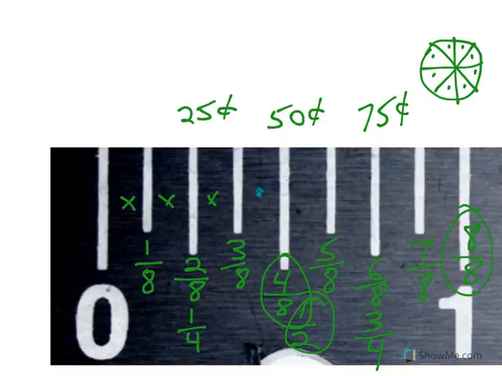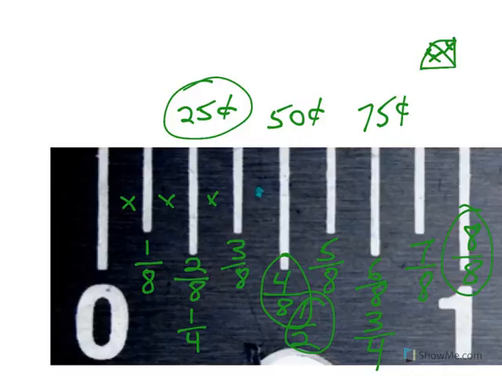So if we had 1, 2, 3, 4 pieces of pie, we would then have, let me erase it for you, we would then have only half the pie, 4/8 of the pie. If we had only 2/8 of the pie, we would have only 25% of the pie, or, once again, a quarter.